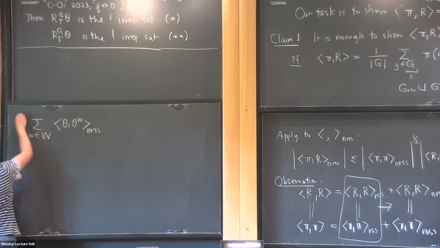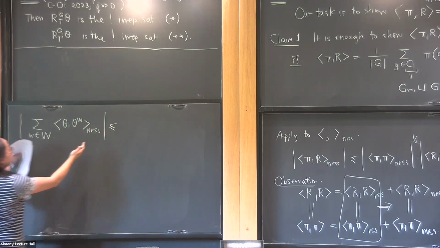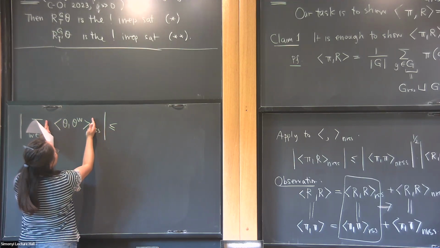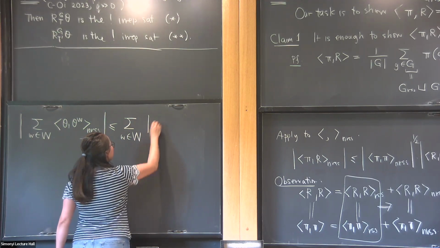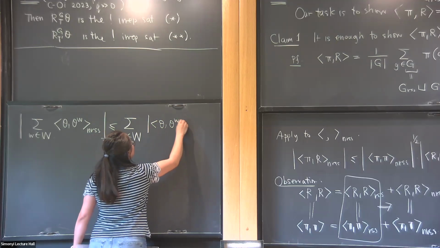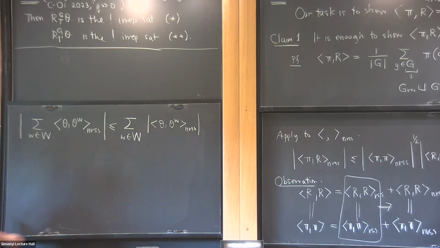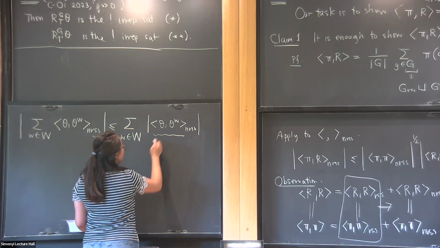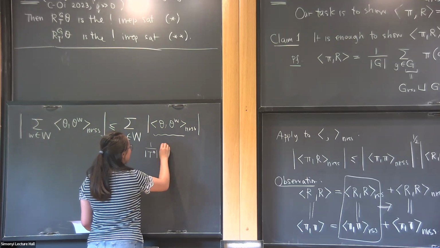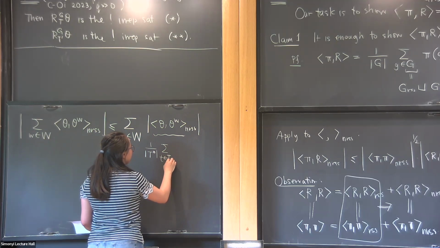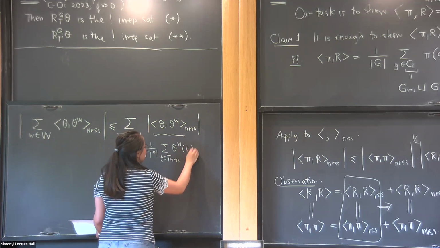And how do we make this small? I know the absolute value of this, by the triangle inequality, is less than or equal to the same thing if I move the absolute value inside. But what is something like this? This thing is 1 divided by T bullet multiplied by the sum over all t inside the not regular semi-simple part of theta to the W of t.